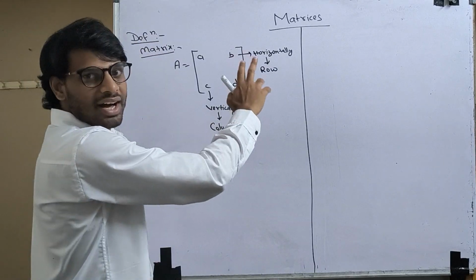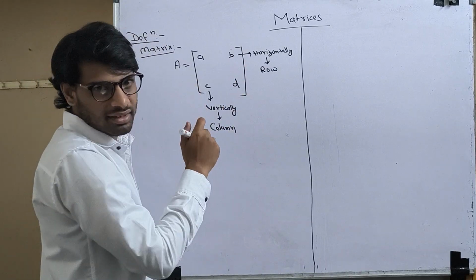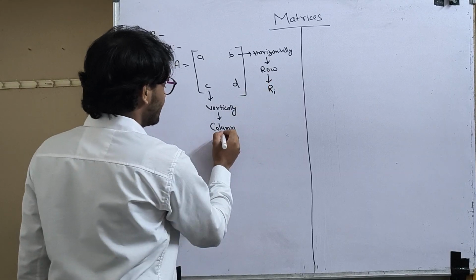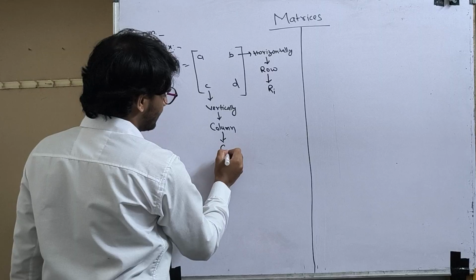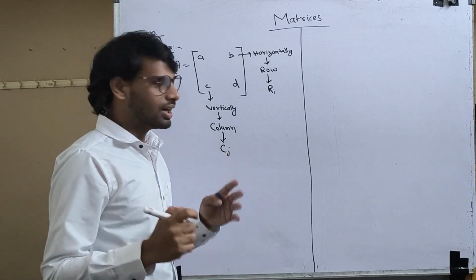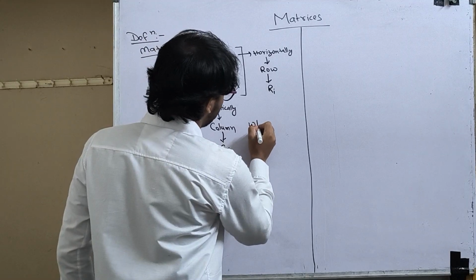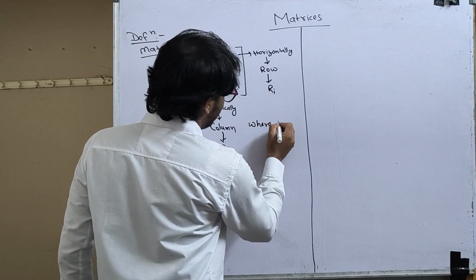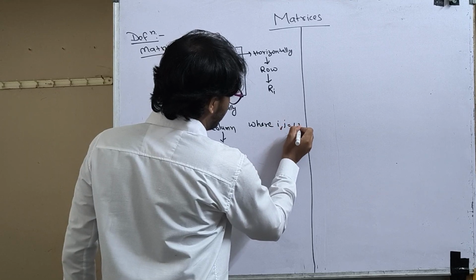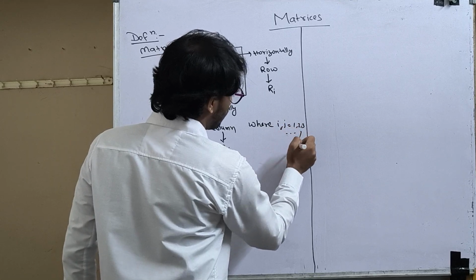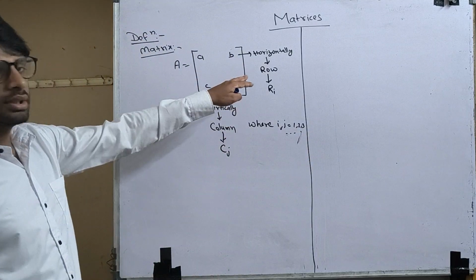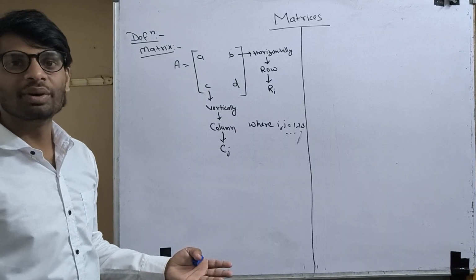A row is denoted by Ri and a column is denoted by Cj, where i and j are 1, 2, 3 and so on. Now see this matrix, how many rows and how many columns?